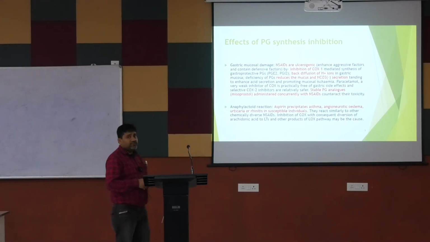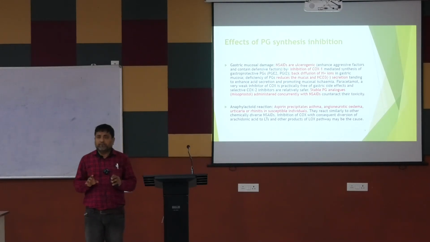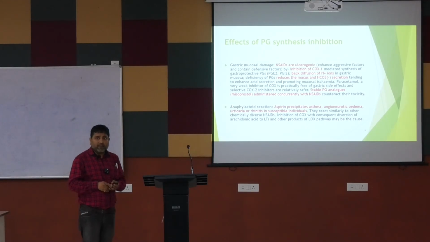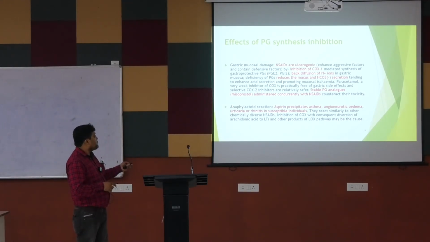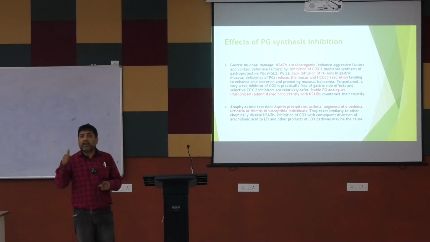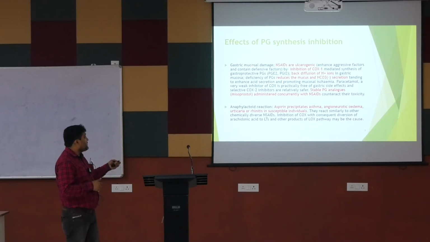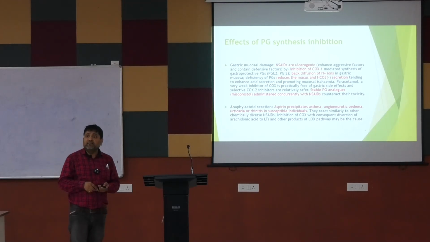Gastric mucosal damage. Non-steroidal anti-inflammatory drugs are ulcerogenic. They cause gastric inflammation and ulceration. How? This is because of the inhibition of COX1 enzyme in the gastric mucosal cells. That causes inhibition of the gastroprotective prostaglandins. And again, because of the decrease in prostaglandin, mucus secretion and bicarbonate secretion is reduced.